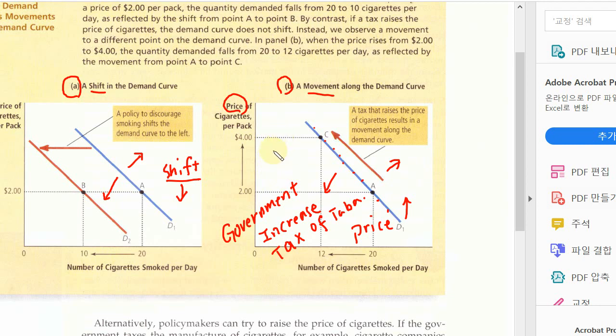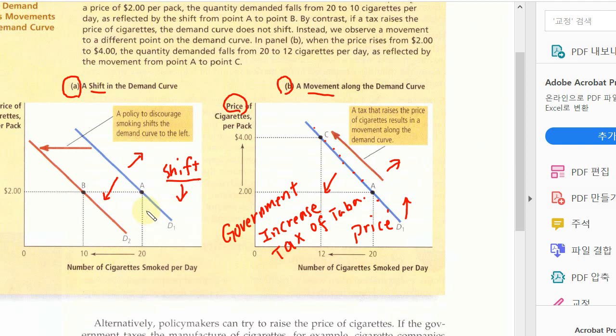The main reason is the price increase. Once the price is increased, people are resistant to the price of tobacco, so they will reduce their purchasing of tobacco. But on the left side, illustration A can occur not from price, but from other factors.